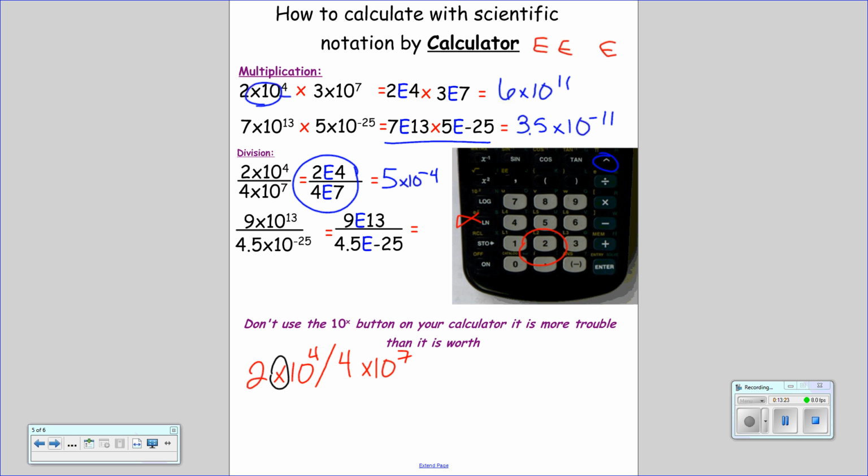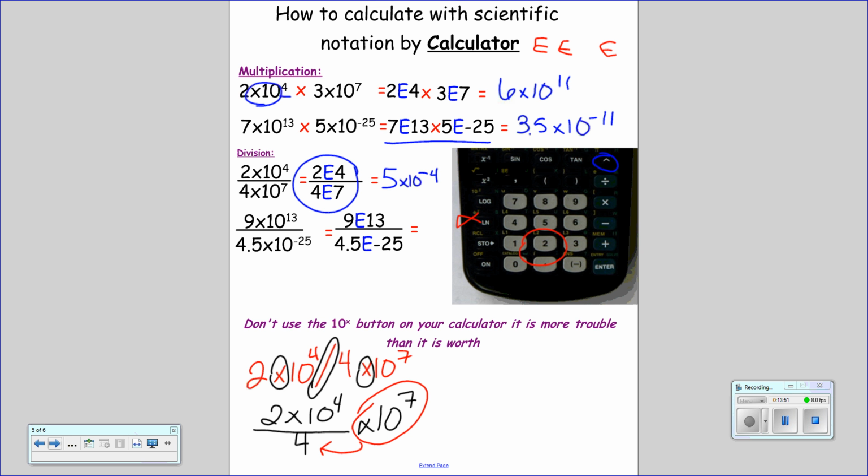It's going to do this one, then this one, then this one. So it's going to say, all right, 2 times 10 to the 4th, which is perfectly fine. That's what we want. Then it's going to divide by 4. And then it's going to multiply by 10 to the 7th. And that's where the issue comes in. You end up with the proper number, but the wrong exponent, because that's supposed to be down there.